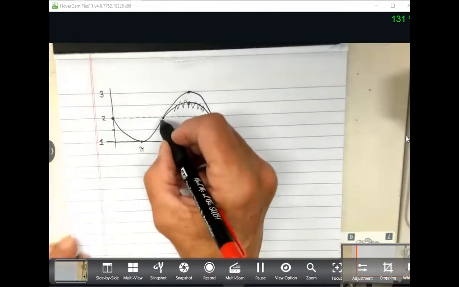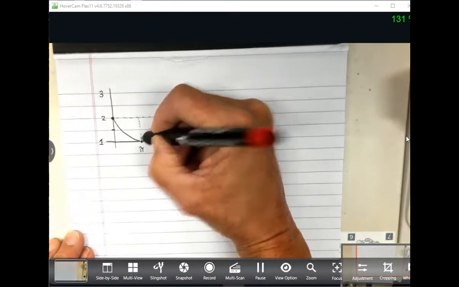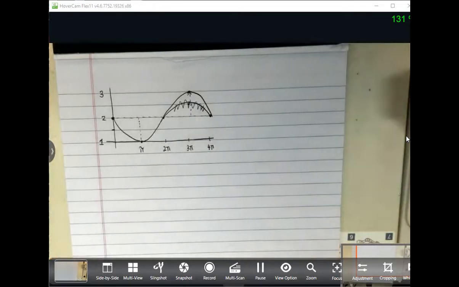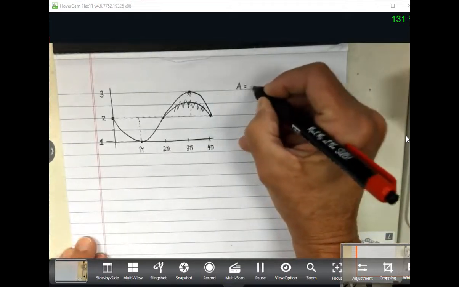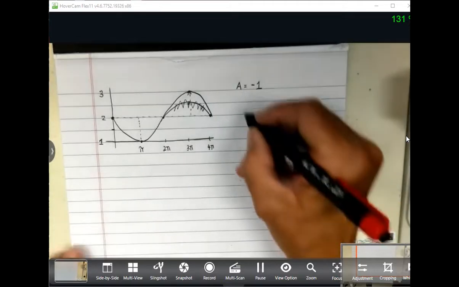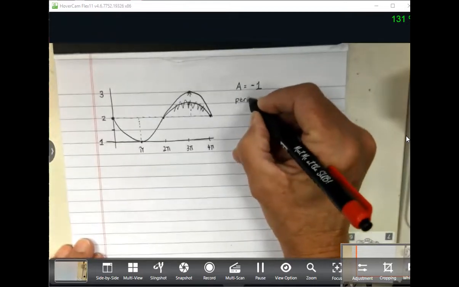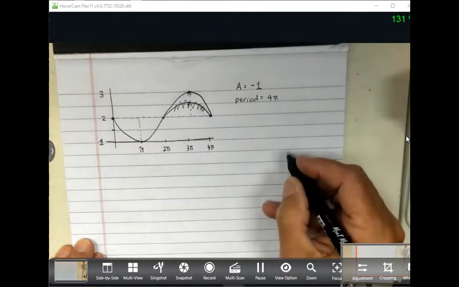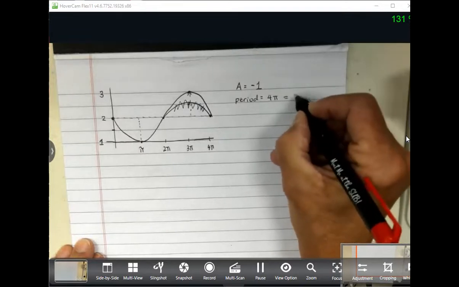And from the intercept to the 0 on both sides is 1 unit. So that means the amplitude is going to be 1, but since it's upside down, we're going to make it -1. The period is 4 pi. Our period is normally 2 pi, so B is the scaling factor.